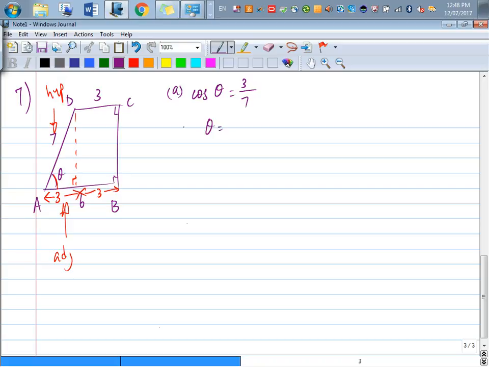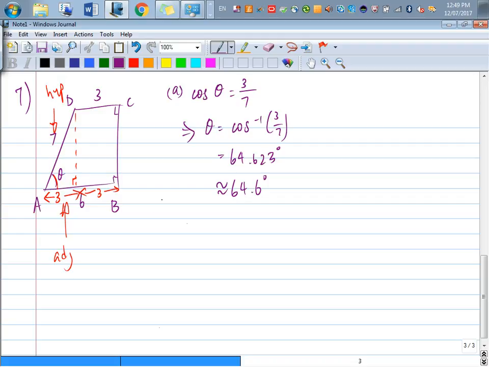So theta equals to cosine inverse 3 over 7. Get your answer of 64.623, round it off to 64.6 degrees. Okay?